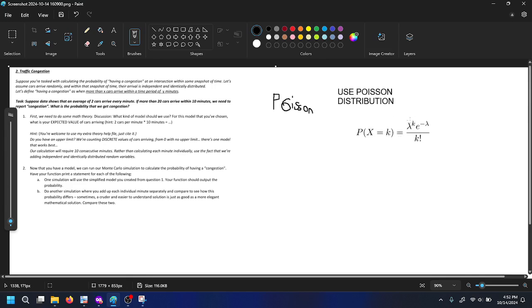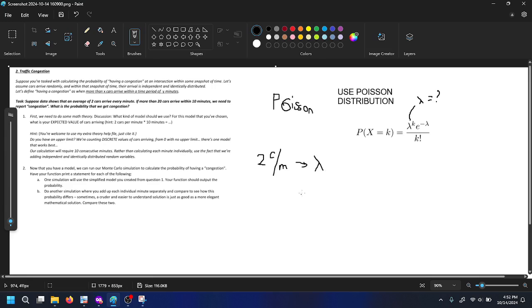We need to know what lambda equals. And for us, lambda is the average number of occurrences in an interval. So we're told we have an average of 2 cars per minute. So 2 cars per minute, or 2 simply, would be our lambda if we're looking at arrivals per minute.